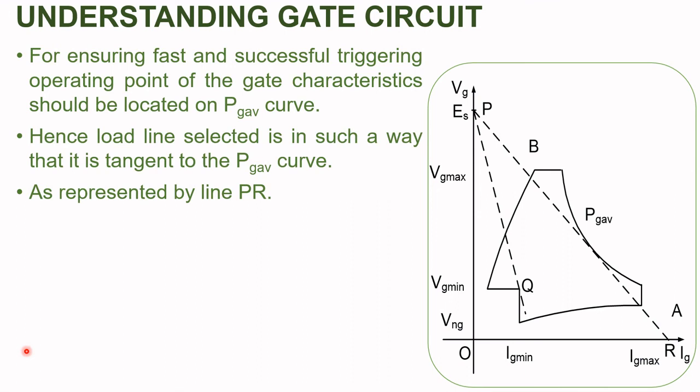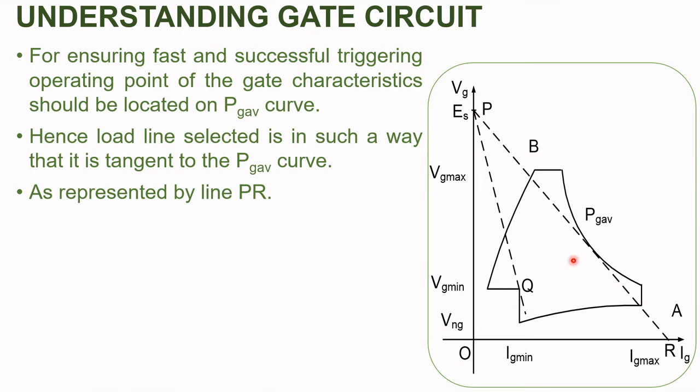For ensuring fast and successful triggering, the operating point of the gate characteristics should be nearer to the PG average curve, that is the maximum power dissipation curve. What this does is, because the operating point is in this region, the gate current and the gate voltage supplied to the gate will be very much higher than the Vg minimum and Ig minimum values.